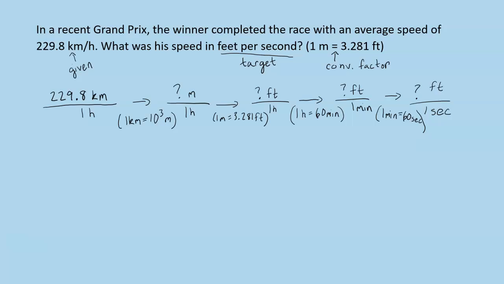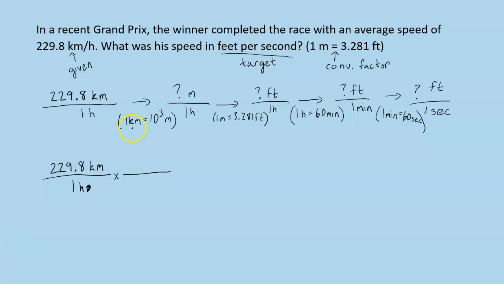We're going to start with the given information of 229.8 kilometers per 1 hour, or sorry, just an H for hour, multiply by our first conversion factor. And so if we're trying to cancel out the kilometers to get to meters, then we need to make sure that the kilometers are diagonal.